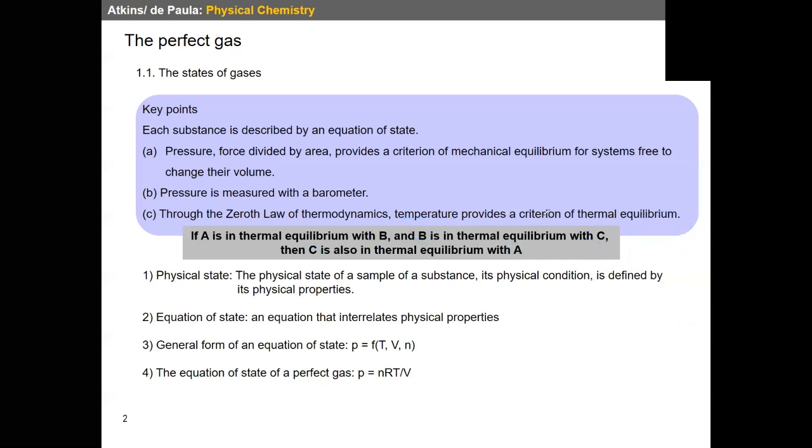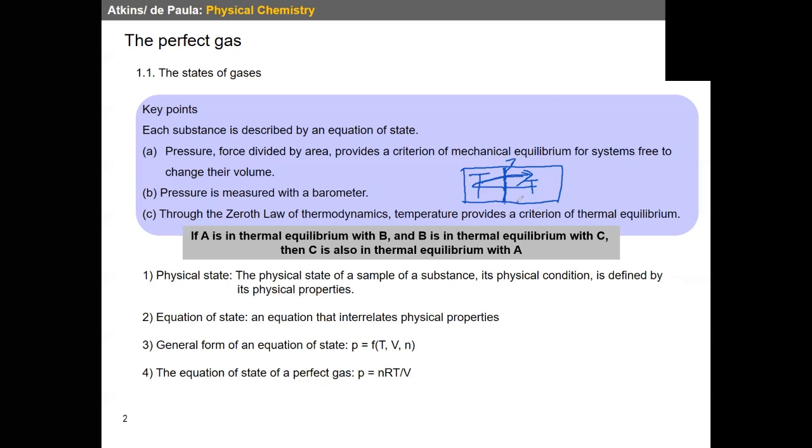What this means is, if there is a box and some kind of membrane which blocks these two boxes, and there is a high temperature and a low temperature, and if we remove the blocking wall, then heat could move from the high temperature to the low temperature, and at some point there is no change of temperature between these two areas. Then we call that situation thermal equilibrium.